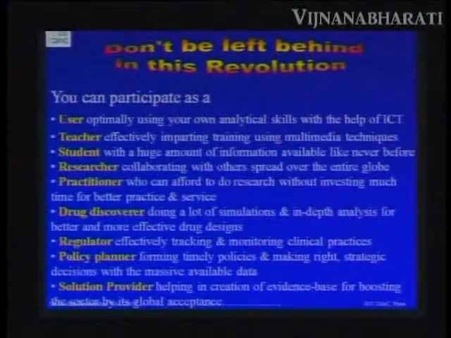Friends, don't feel that this talk is too technical or that we have nothing to do with this. You can participate in this whole revolution as a user who can optimally use your own skills with ICT. You can be a teacher, effectively imparting training using multimedia techniques. You could be a student with a huge amount of information available to you using these technologies. You could be a researcher who can exchange ideas and get into collaborative research with people located in different countries.